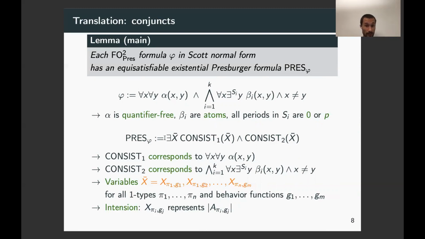The variables we need, the existential Presburger variables: we have 1 variable for each 1-type and each behavior function. Okay, and the intention is that the value for this variable is precisely the size of this A pi I Gj. So precisely the number of elements of type pi I, which behaves towards other elements according to G sub j.